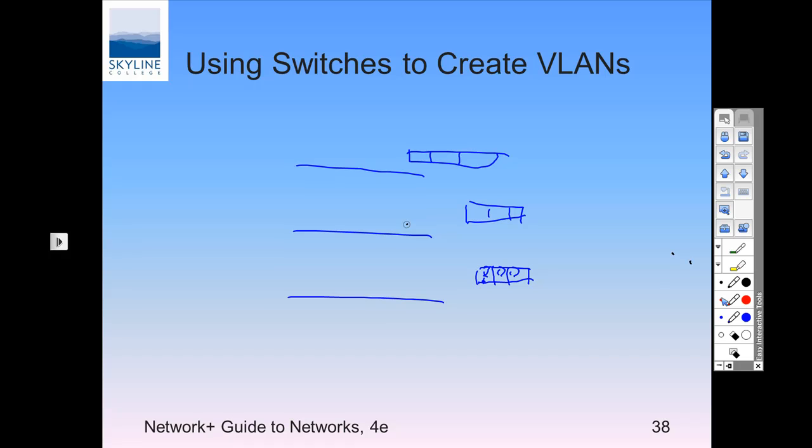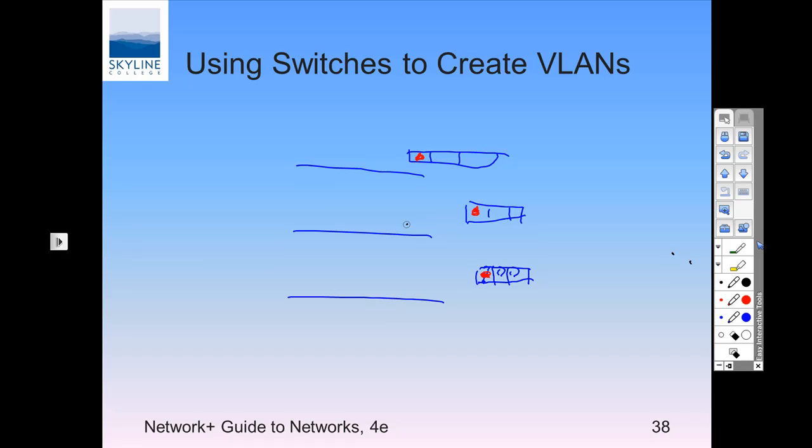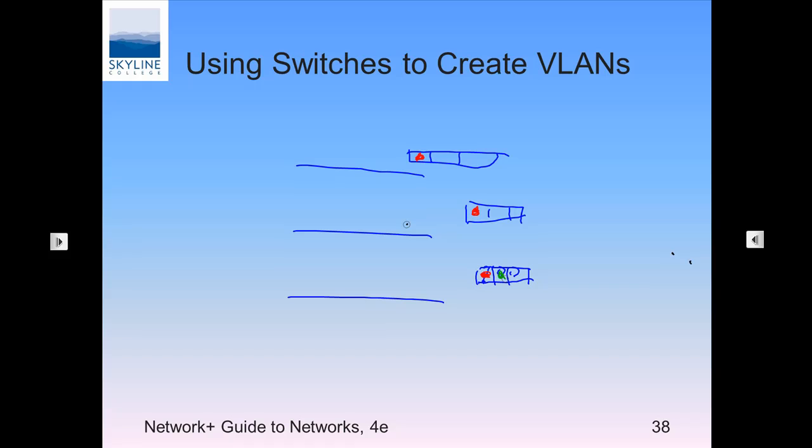What a lot of times we'll talk about is we have the red ports on each of these 3 switches. The red ports can only talk to the red ports. And then we have the green ports. Let's see if this will let me make green ports. The green ports can only talk to the other green ports.